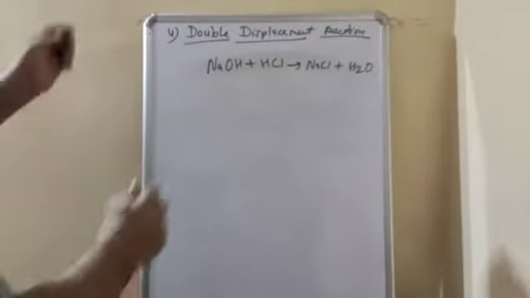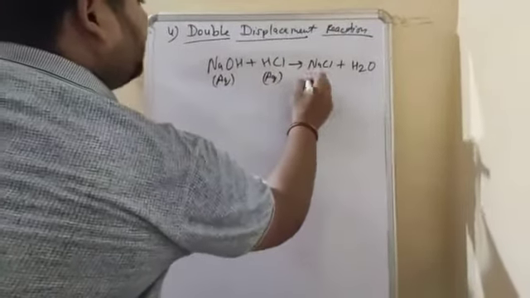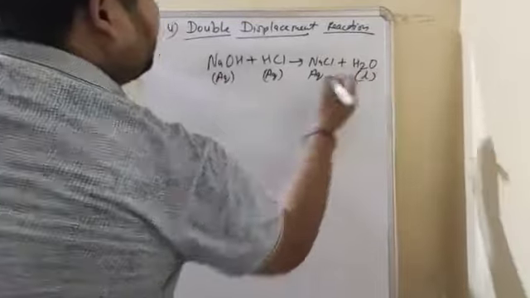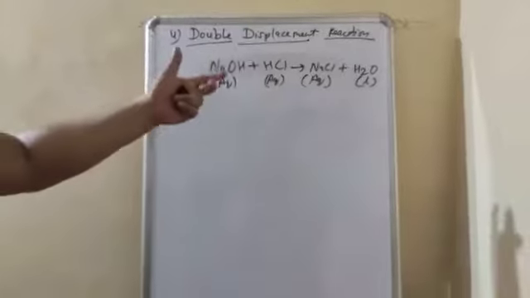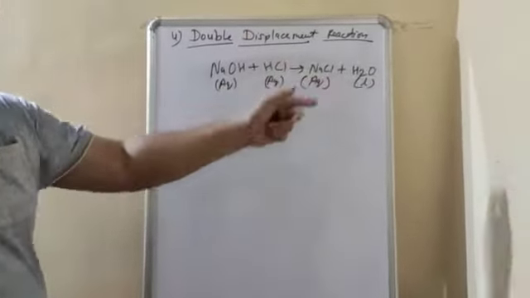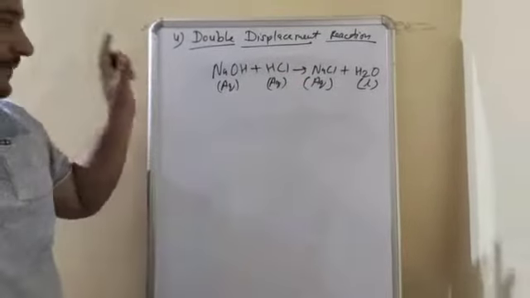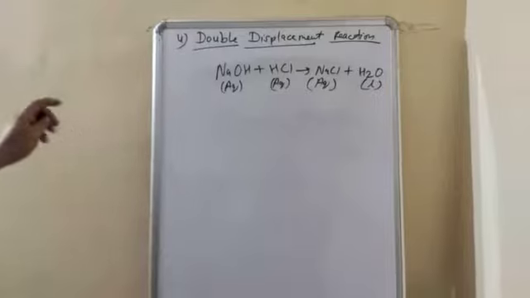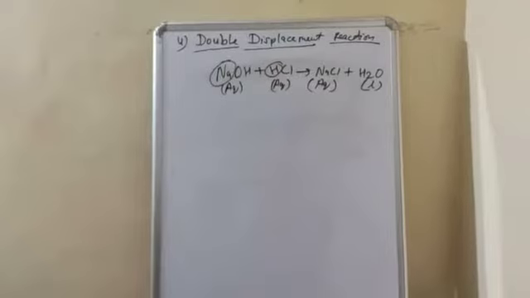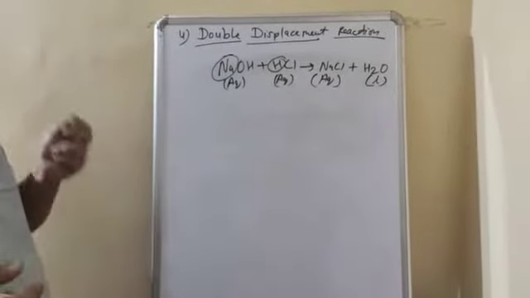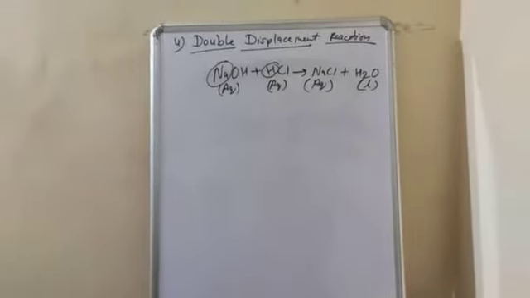So here aqueous solution, aqueous solution, and liquid. So you can see here two reactants react to each other, form two compounds and their ions are exchanged but no precipitate. A reaction in which ions are exchanged is known as double displacement reaction. Generally in double displacement one precipitate is formed, but sometimes in some reactions it is not formed.